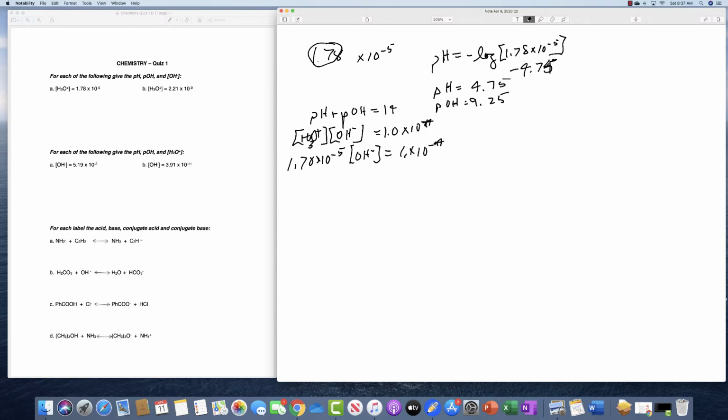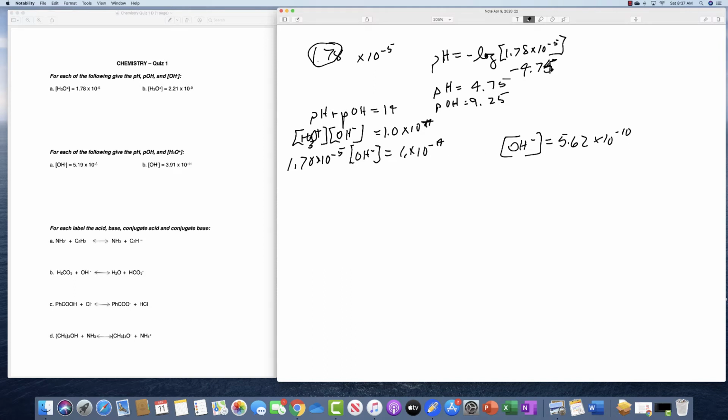If you take 1 enter exponent minus 14 and divide that by 1.78 times 10 to the minus 5, you get the OH ion concentration, which is 5.62 times 10 to the minus 10.